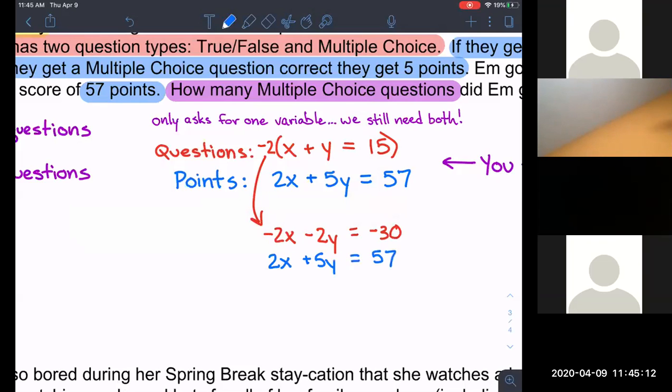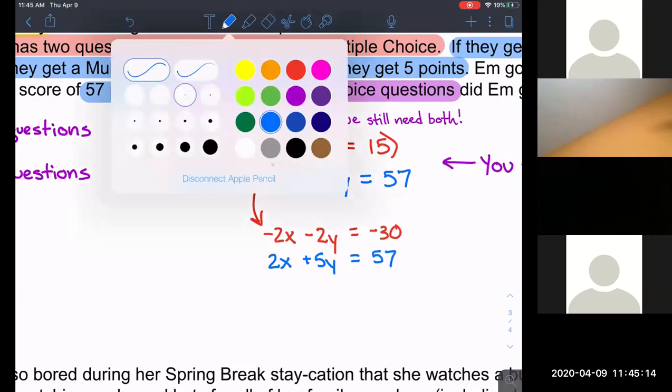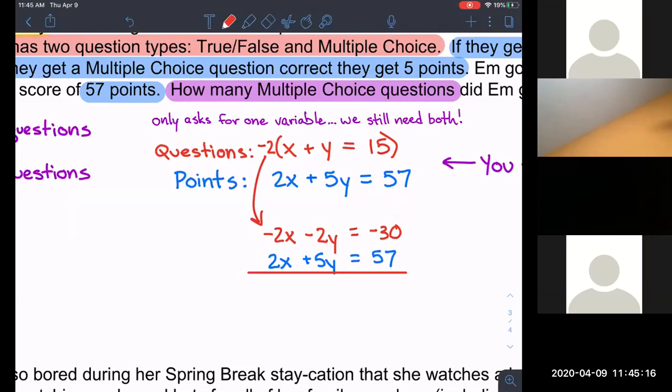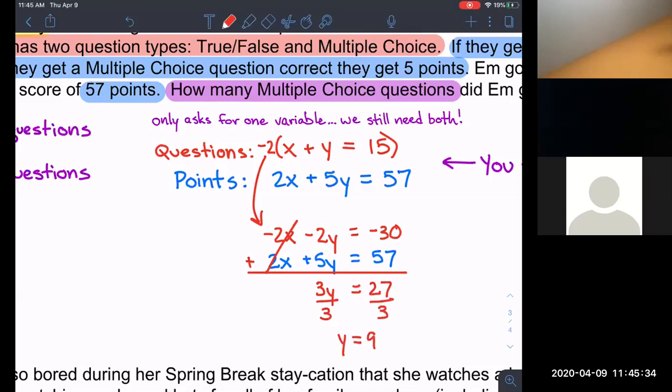We don't change that one at all. Now we're ready to add because we have opposite coefficients on our x's. So we get a 0 there. We get a 3y here, negative 2 plus 5, and then we get a 27 here. So we divide both sides by 3 to solve for y, and we get y equals 9.